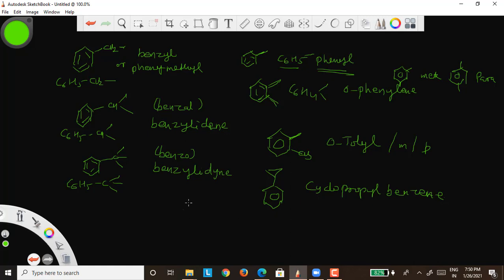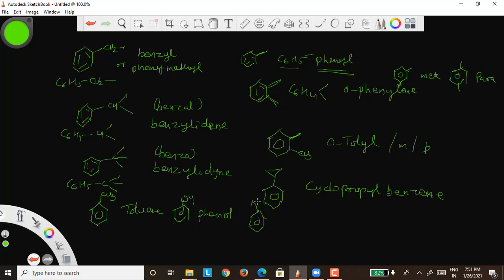Okay. Now you can remember some common names. There are many common names, so you have to remember all together. The list I will give separately, but some common names you can remember. Suppose it is connected to CH3 with benzene ring. This is known as toluene. Now if it is connected to OH, this is known as phenol. These are common names. So some common names, some IUPAC names you have to remember all.